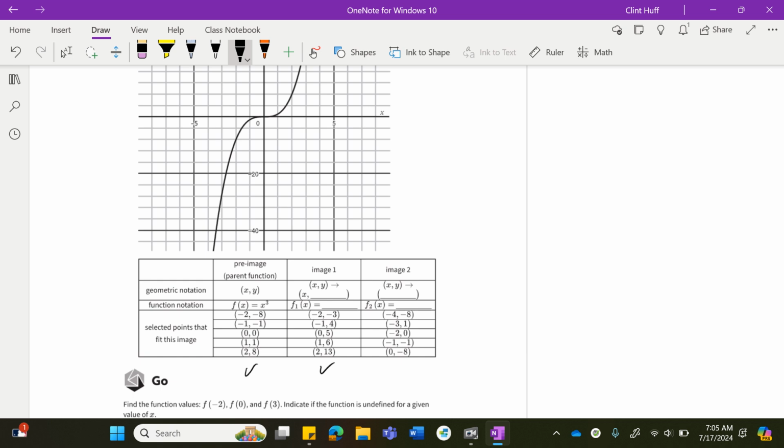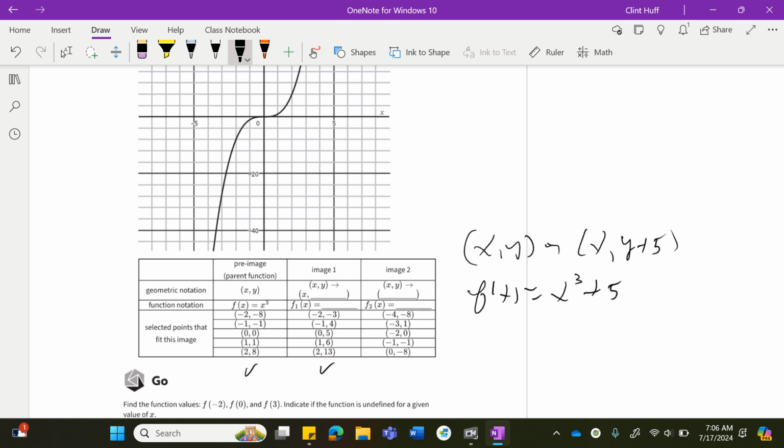You get -8 and -3, -1 and 4, 0 and 5. It looks like my (x, y) has been transformed into (x, y + 5). Okay, so that would suggest that the rule for that must be f(x) = x cubed + 5, because all the y values were incremented.